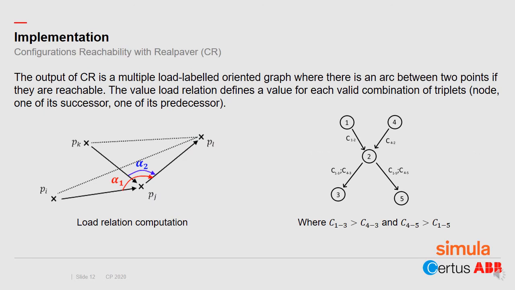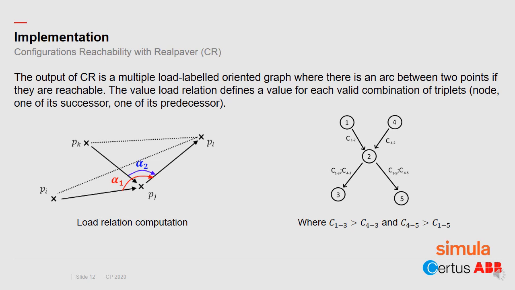Once the reachability graph is generated from the first component of RobTest using RealPaver, we are able to calculate the load for each transition on the graph. The load value is taking into account 2 parameters, the distance between the point and its successors, and also the angle between the predecessor, the node, and the successor.